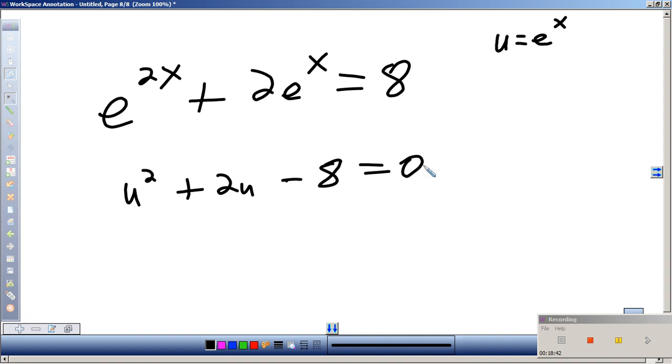Remember, we did some of these problems in the last chapter or the chapter before. Now what can I do? u squared equals e to the 2x. So I can write e to the 2x is equal to (e to the x) to the 2. Remember, the rule of exponents is if you have an exponent to an exponent, you multiply the two exponents.